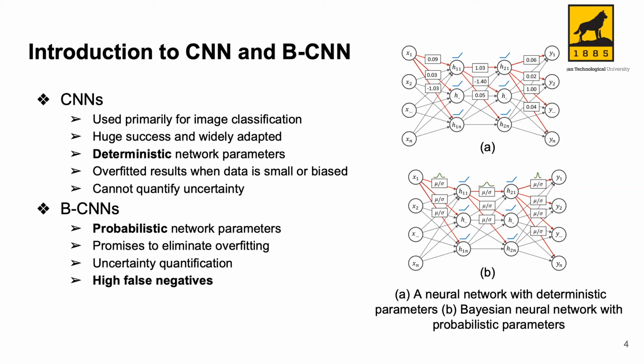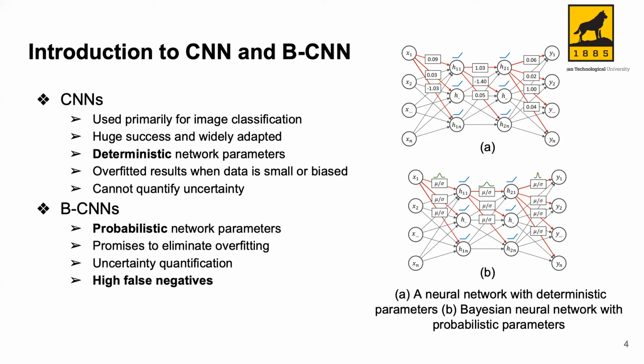Whereas in the probabilistic neural network, these weights and biases are stochastic and characterized by their probability densities. Towards this, the Bayesian neural network is one of the most promising, which promises to eliminate overfitting, and you can naturally provide uncertainty quantification due to stochastic parameters, and it promises to alleviate many other things.